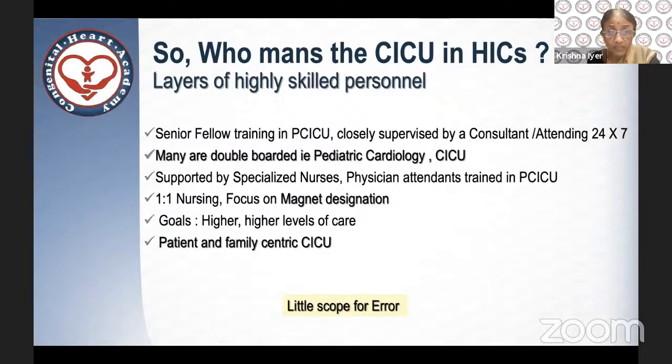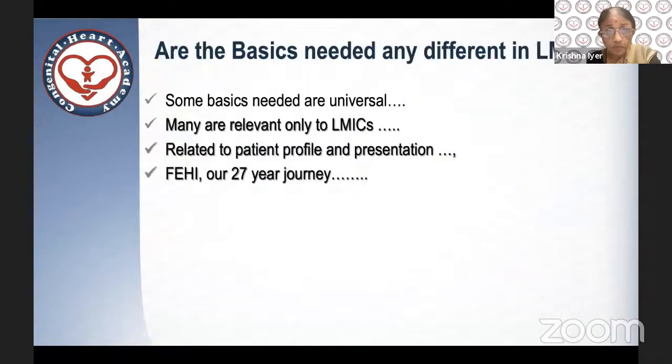They are supported by specialized nurses and physician assistants who are also equally well trained. There's a lot of 1:1 nursing, and a huge focus on magnet designation of nurses. The goals are higher and higher levels of individualized care with a focus on patient- and family-centric care. So really, there is very little scope for error.